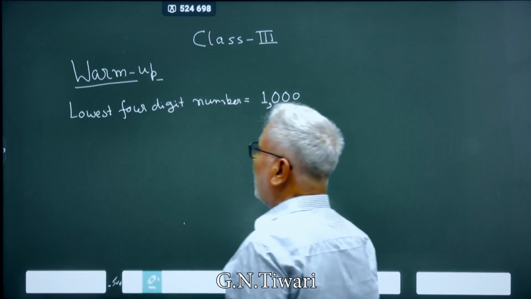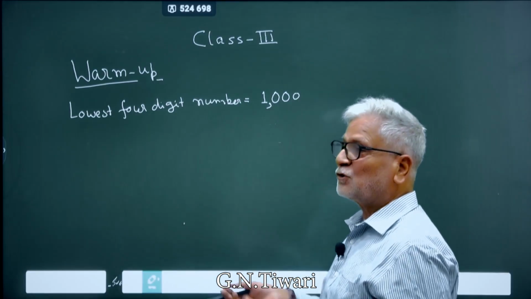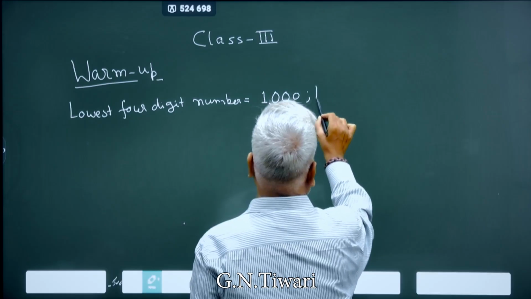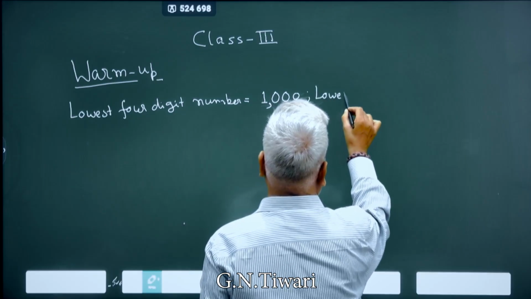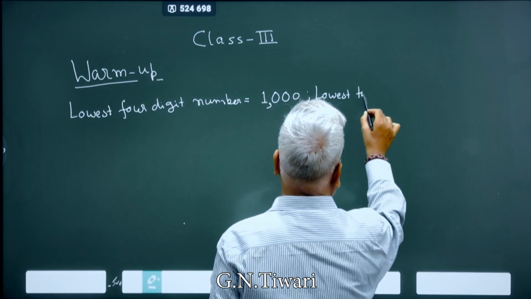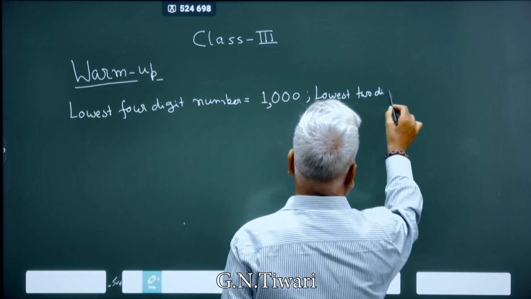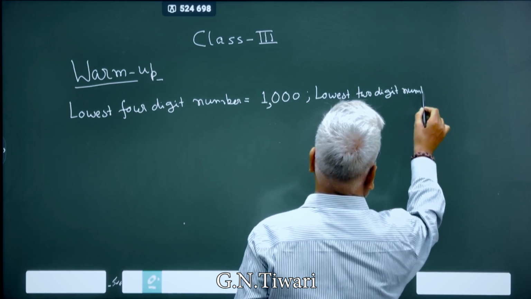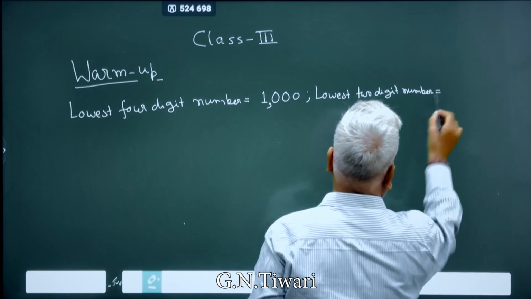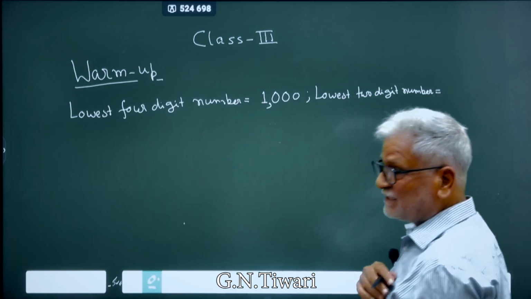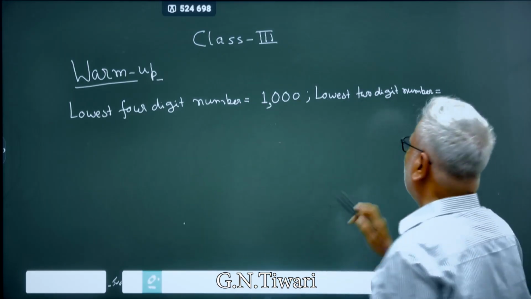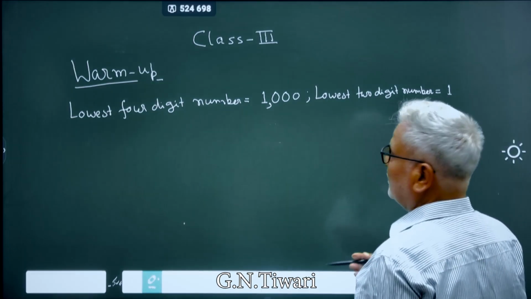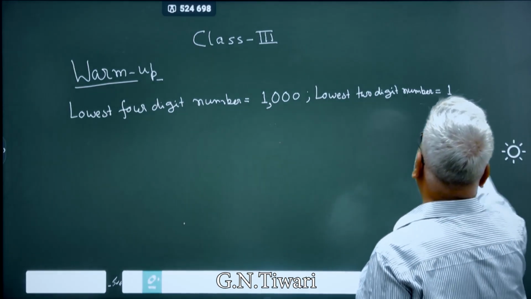Keep in mind, suppose someone said lowest 2-digit number. In my class 1 and class 2 lecture series, I have explained in detail, but here just put 1. 1 is common for any lowest, and since it is 2-digit, you put 0.